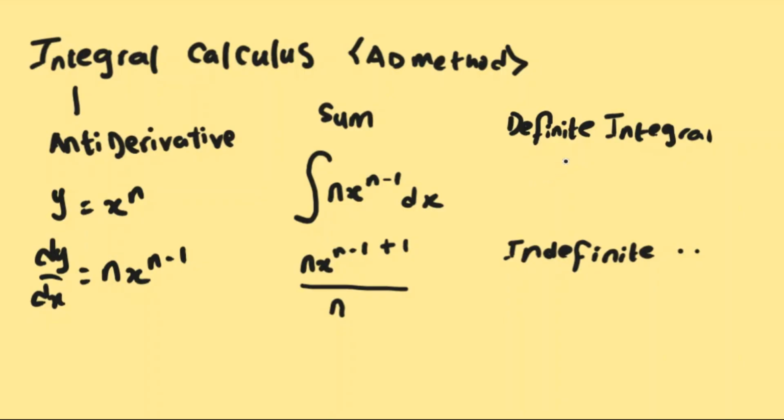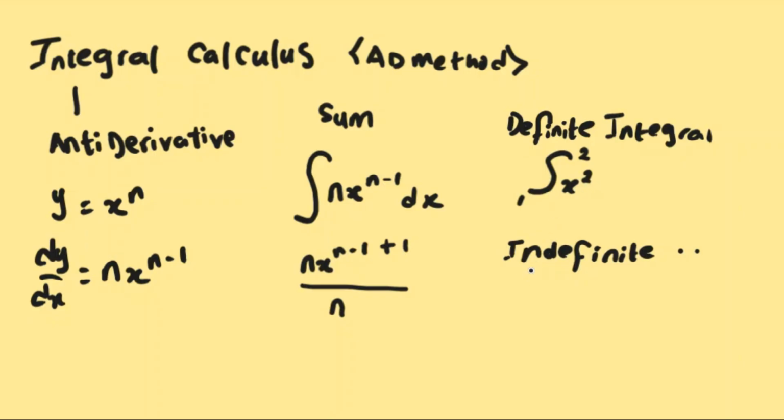For example, if you have the integral of x raised to the power of 2 with a lower boundary of 1 and an upper boundary of 2, it means that you are finding the definite sum. That is because the integral is also a kind of area under a curve. So this gives you a definite answer when you evaluate this integral.